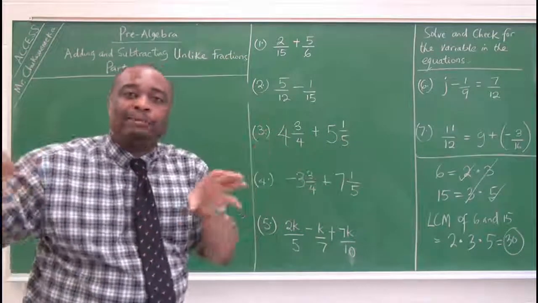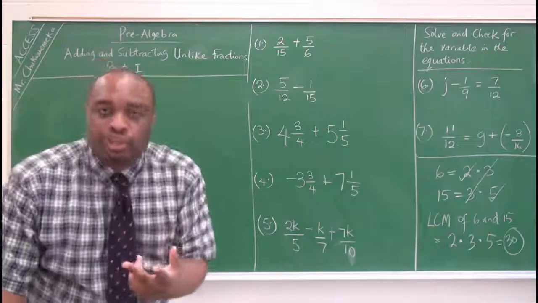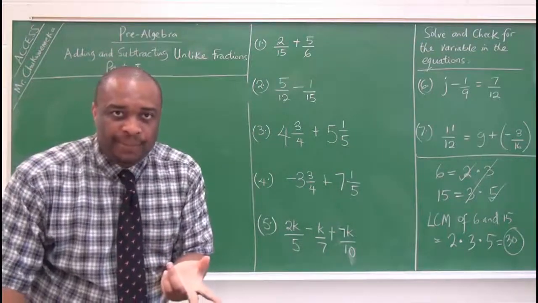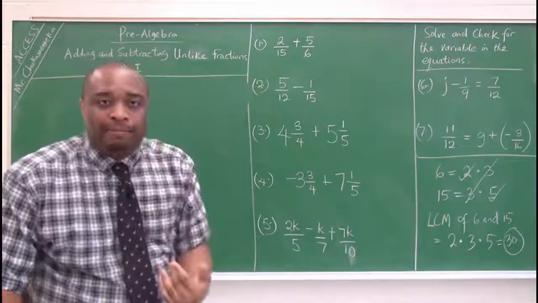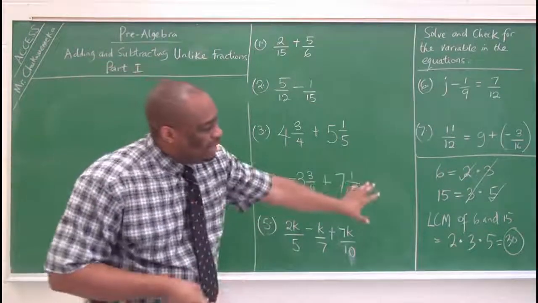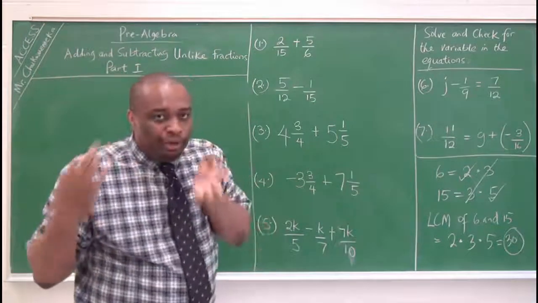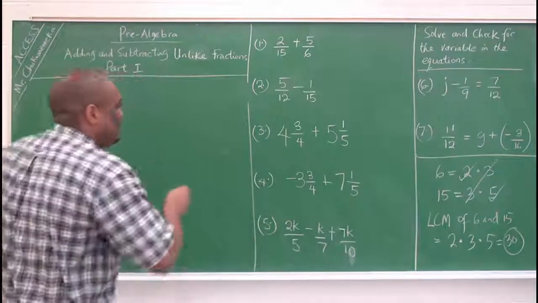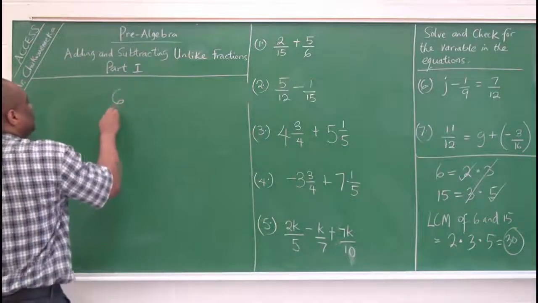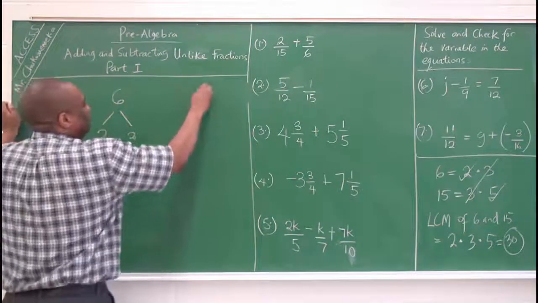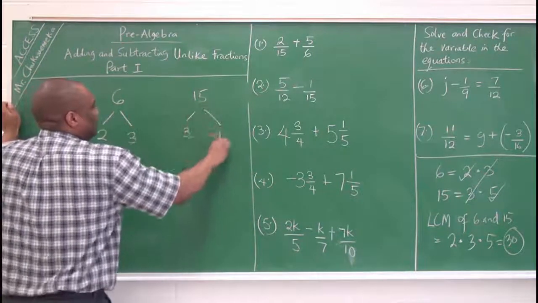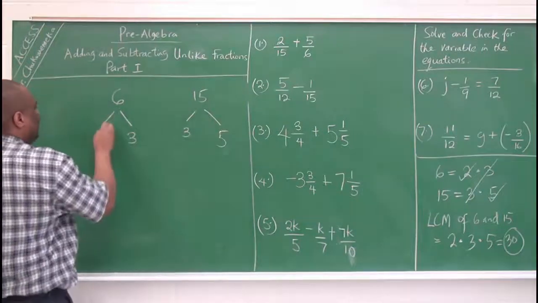You can find the prime factorization of those 2 denominators. Okay? Of those 2 multiples. You find the prime factorization. This is one way to do it. Another way that you might be familiar with is this. You have 6. 6 is 2 and 3. And then you have 15. 15 is 3 and 5. And then you count 2.